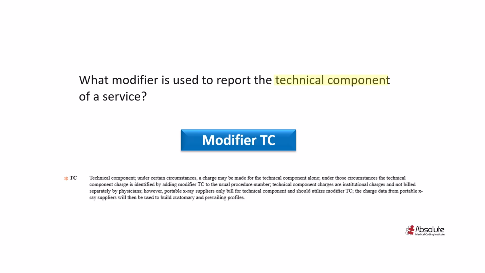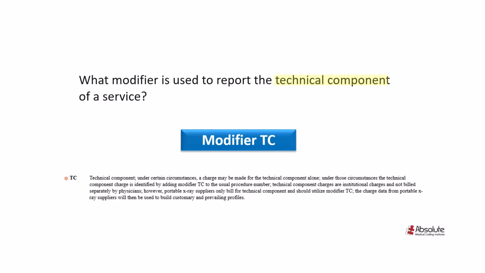Under certain circumstances, a charge may be made for the technical component alone. Under those circumstances, the technical component charge is identified by adding modifier TC to the usual procedure number. Technical component charges are institutional charges and not billed separately by physicians.